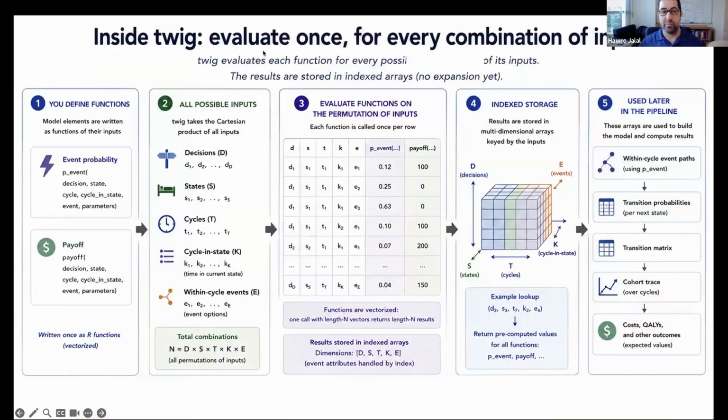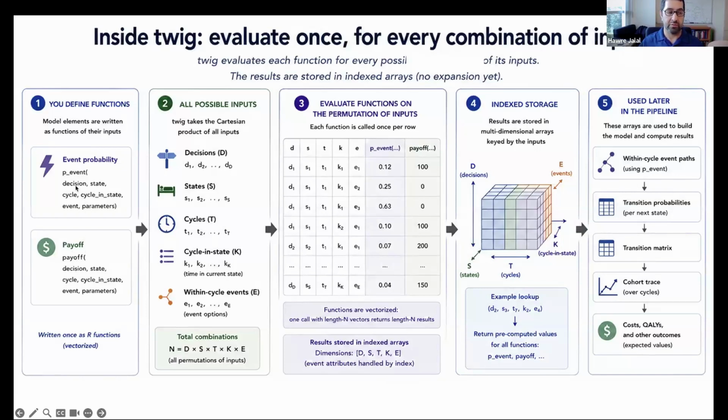The inner working of Twig is that we evaluate the model once for every combination of input. This makes the analysis very efficient. The idea is that you define your event probabilities, which determine the transition from one state to another through the different events, and the payoffs, which are the costs and the utilities.